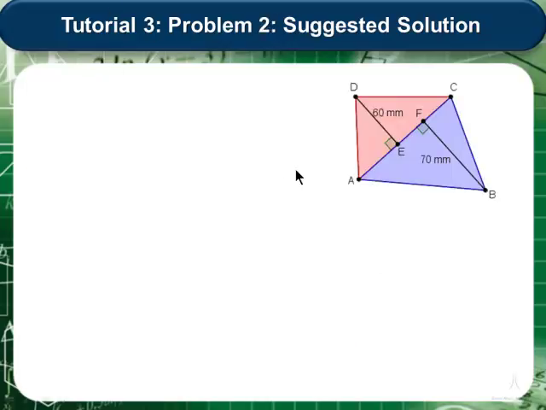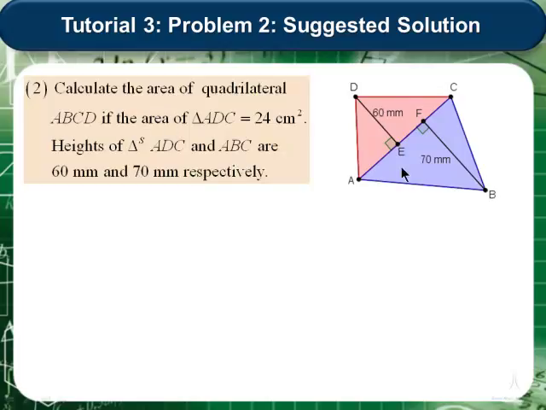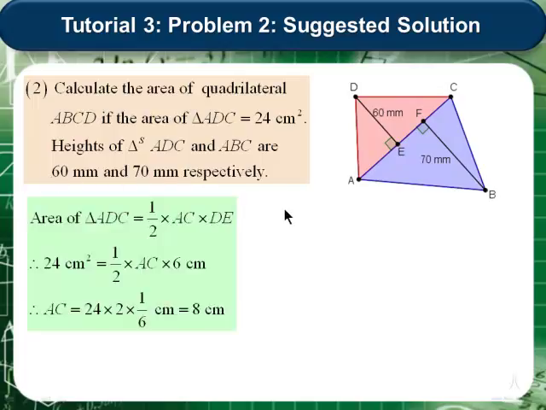Let us look at a suggested solution to problem 2 from tutorial 3. We are given a quadrilateral ABCD. We also know the area of the red triangle to be 24 square centimeters, and it's also given that the heights of the red and the blue triangle are 60 millimeters and 70 millimeters respectively, or 6 centimeters and 7 centimeters respectively.